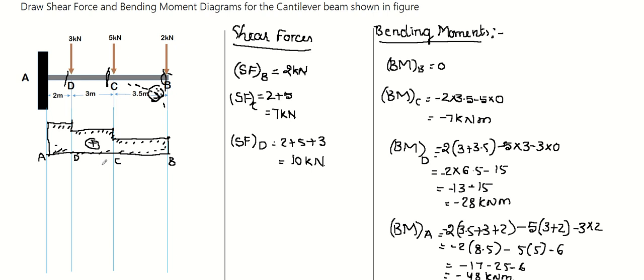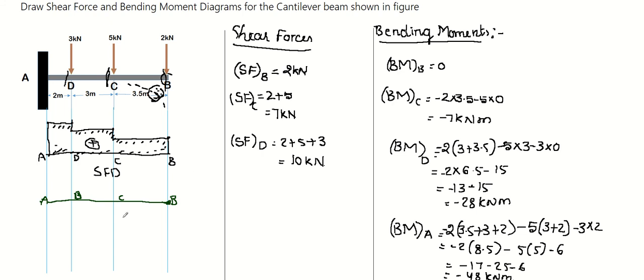So this is the shear force diagram. Let us now draw the bending moment diagram. This is the bending moment diagram. Again, this is the reference line having points A, D, C, B, same as before. So what is the bending moment at B? This is 0, and bending moment at C is minus 7 kilonewton meter.